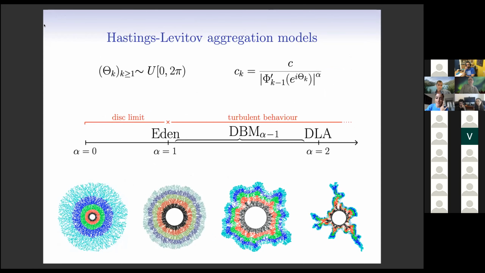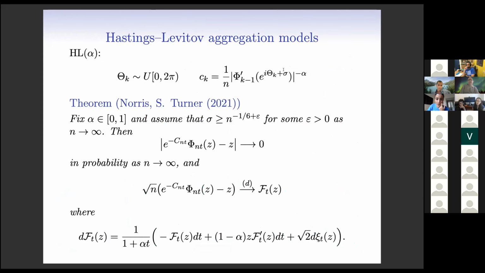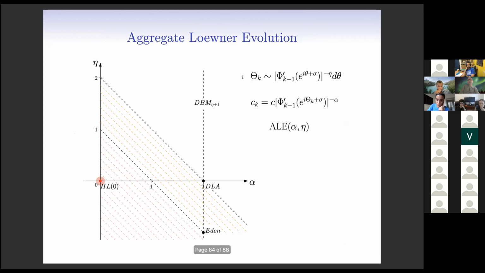if you do Hastings-Levitov, but you take this sigma here, this parameter, to be very small, and you also take this randomness to be in the angles rather than in the particle sizes. So you're doing alpha equal to 0, eta non-zero, and sigma very, very small. So you're looking at the cluster very closely. You're evaluating the derivative very closely.